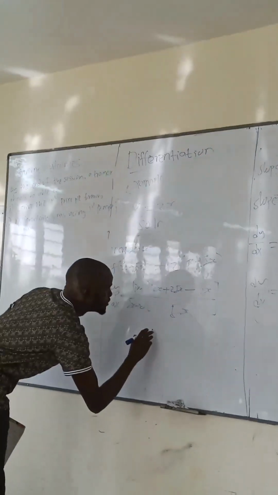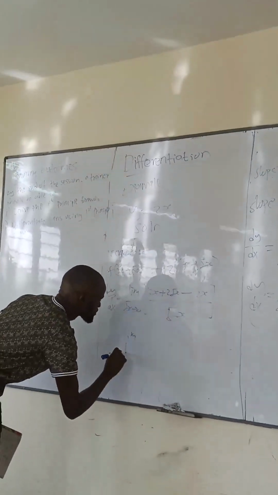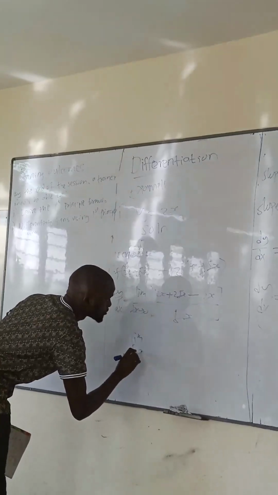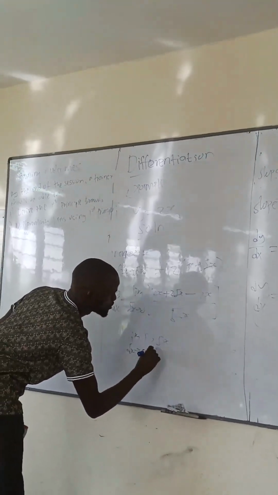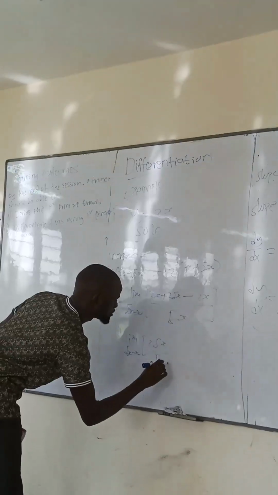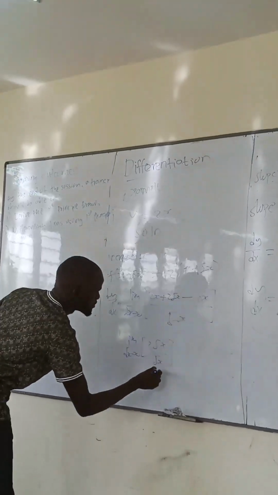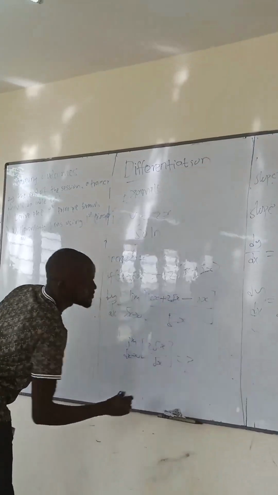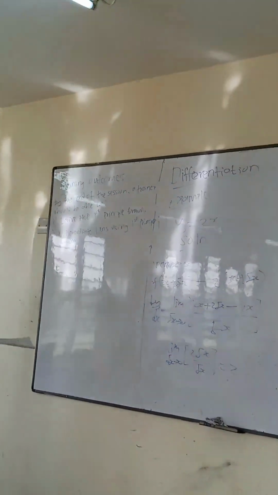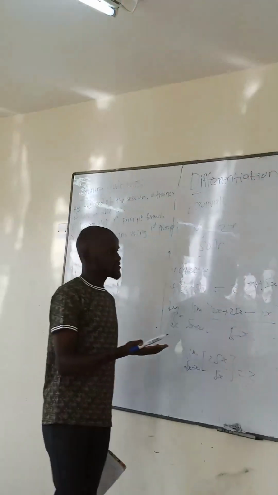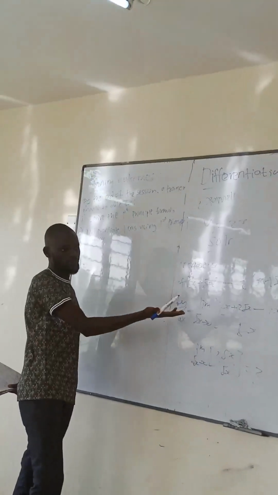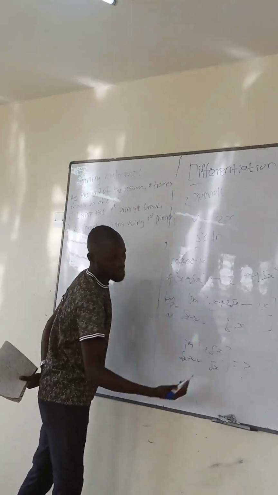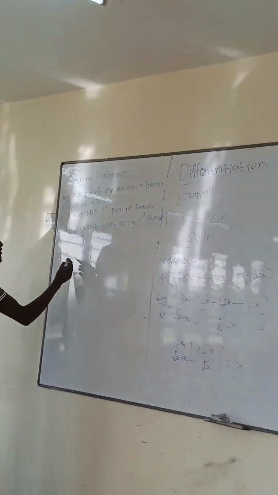Yes. Then it will be the limit as small change tends to 0 of 2 small change in x over small change in x. This and this cancel, and our answer is 2, right? Yes. That simple is that. Just master the first principle formula: you increase the value of x, you replace in the equation, and you find the final answer. You will try this one in your groups.